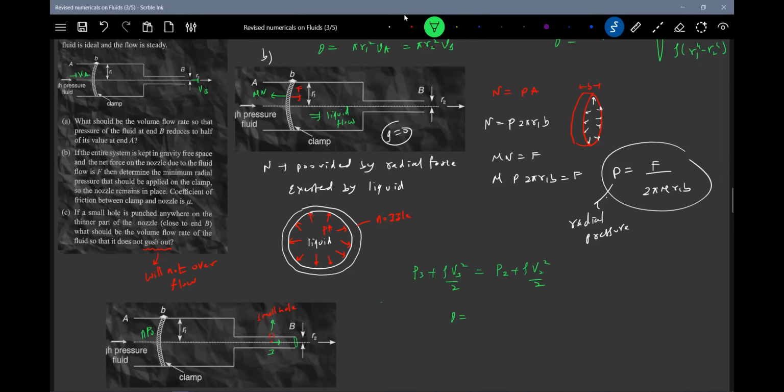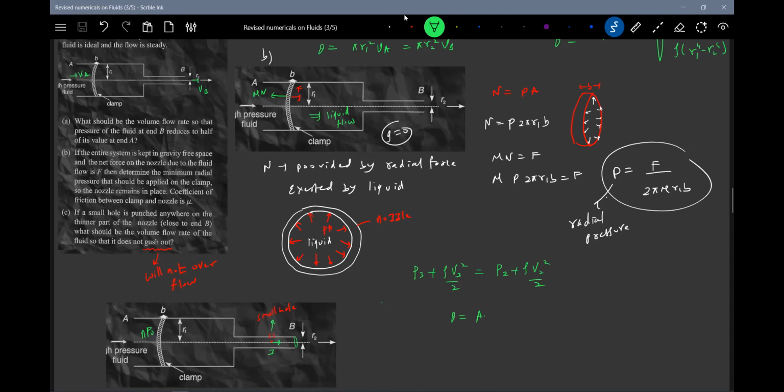Again, the flow rate has to be the same. So it should be equal to, so that it does not gush out.